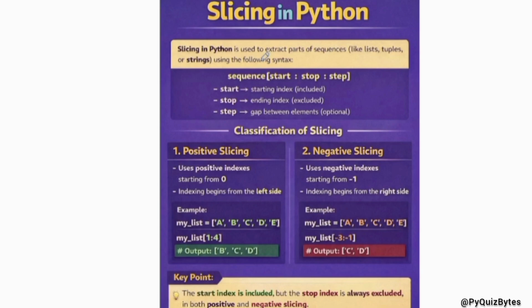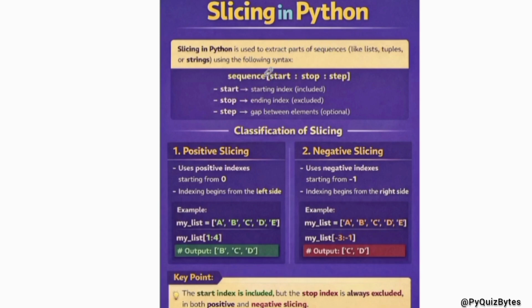Indirectly, in simple words, it means extracting multiple characters or elements from a sequential data type. Remember, just like indexing, slicing is also only done on ordered, that is sequential data types, that is list, tuple, string.